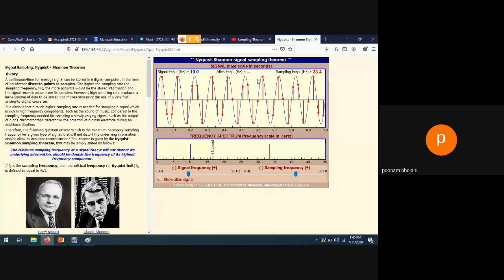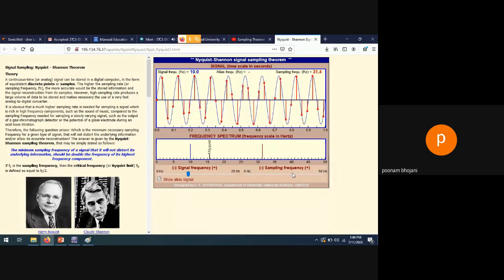If you make the plot on your own, you will get the sine wave signal anyway, but there are so many samples. If you follow only in one direction, you will get the sine wave. It is almost a sine wave, here also and here also.